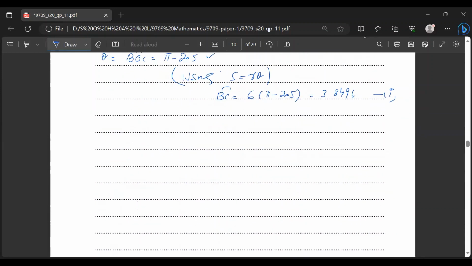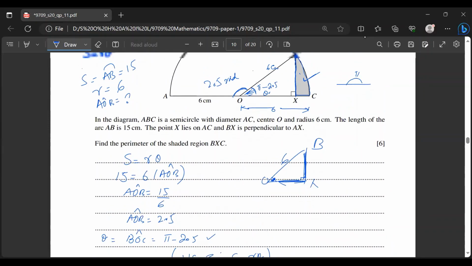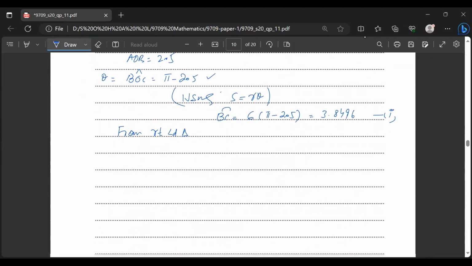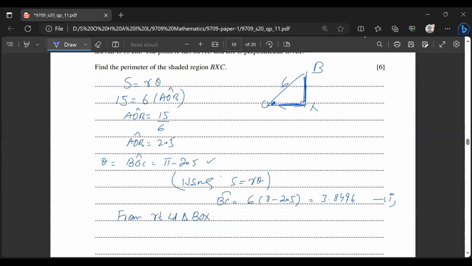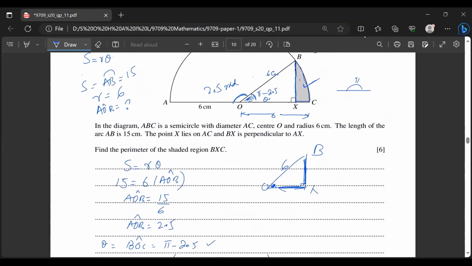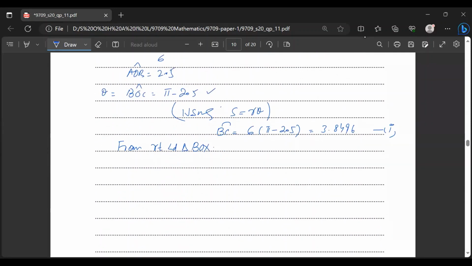In the right angled triangle BOX, BX over OB is the sine of the angle theta.